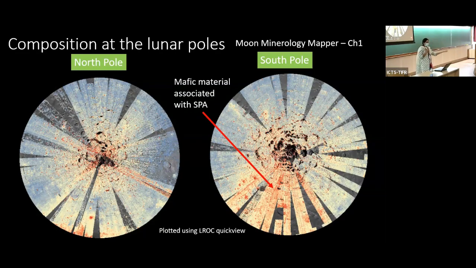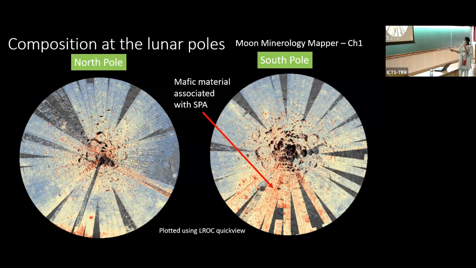This is an example of the 1 micron band depth using the Moon Mineralogy Mapper in Chandrayaan-1. If you see the poles, one major thing is the South Pole, where most of the landing missions are planned, including, if we have a concept, the LGWA detector. So the South Pole is a prominent place of interest.